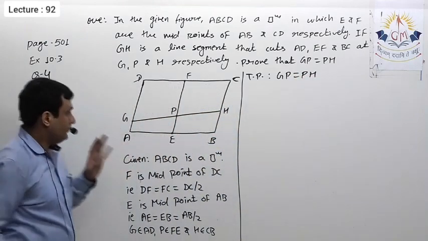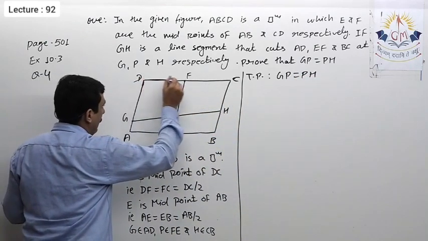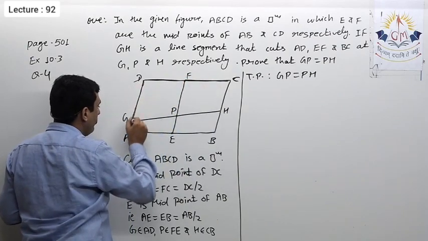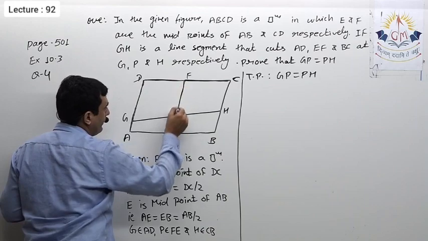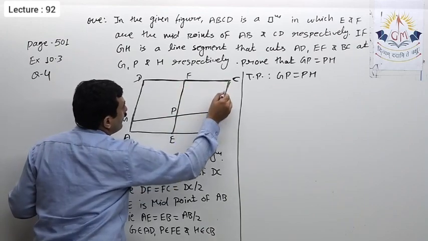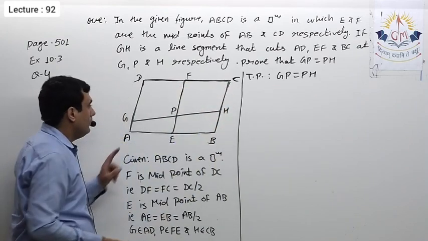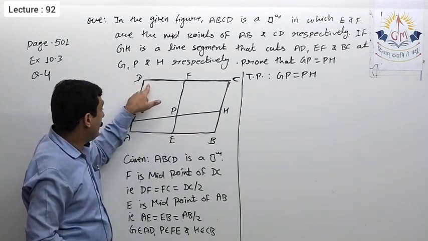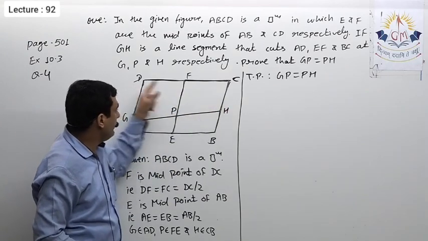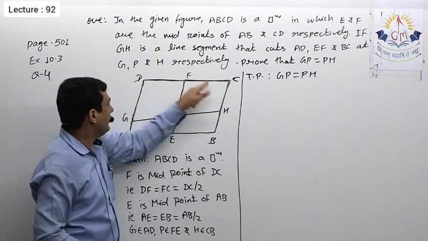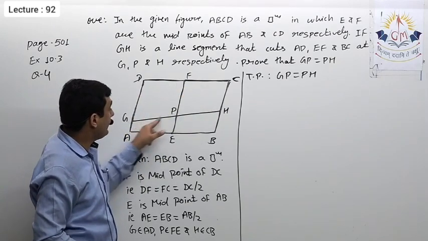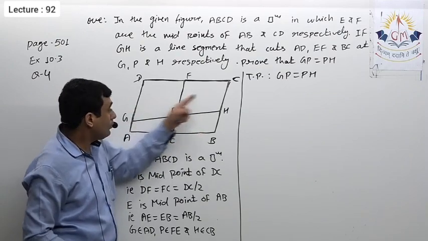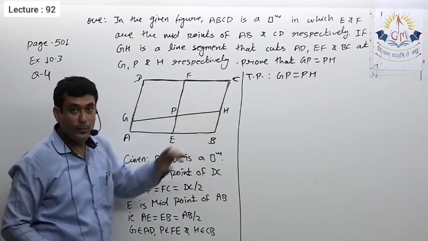See, here we have DF equal to FC. So if I prove that these three lines are parallel, then by intercept theorem, as the intercepts of one transversal between three parallel lines are equal, the intercepts of another line between those three parallel lines will be equal.